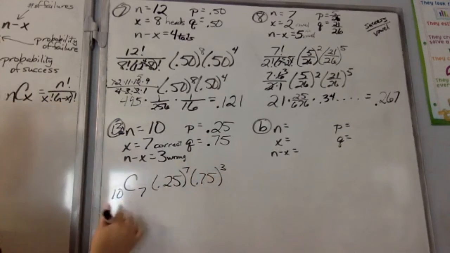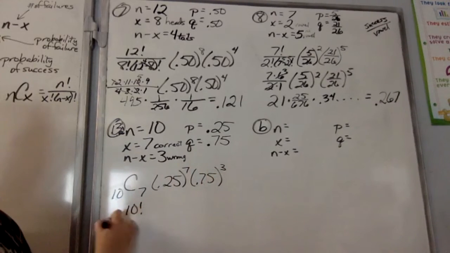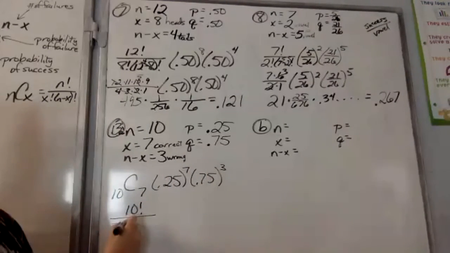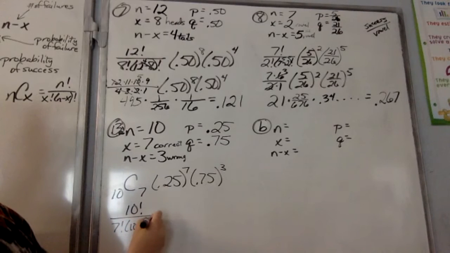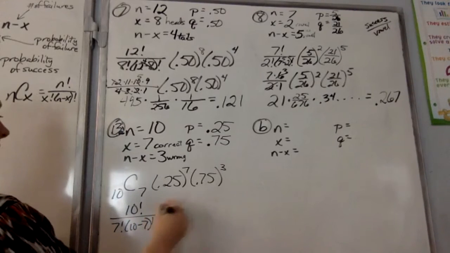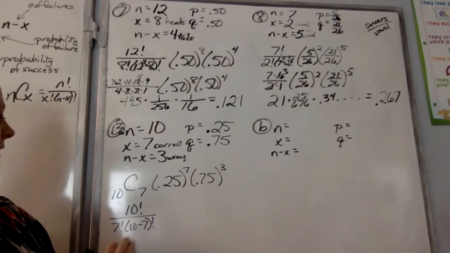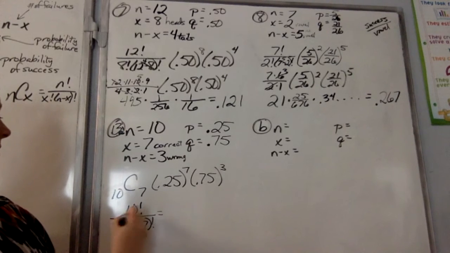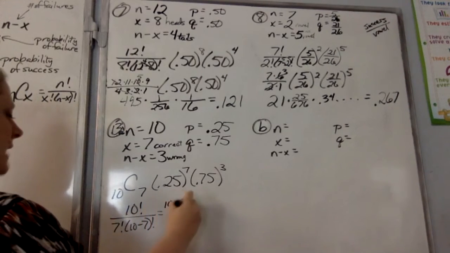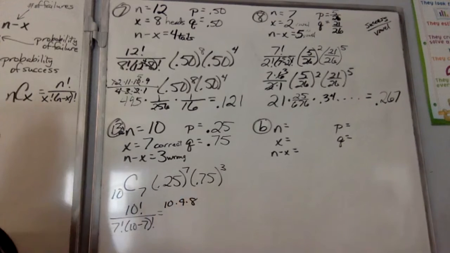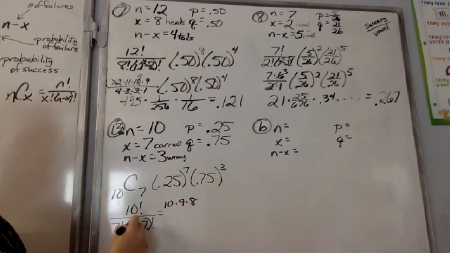And remember this, it would be 10 factorial over 7 factorial times 10 minus 7 factorial, and then you still have the other stuff. For this part of it, remember what I told you this means. This means 10 times 9 times 8, and so on. 10 minus 7 is 3, so I have 7 factorial and 3 factorial.